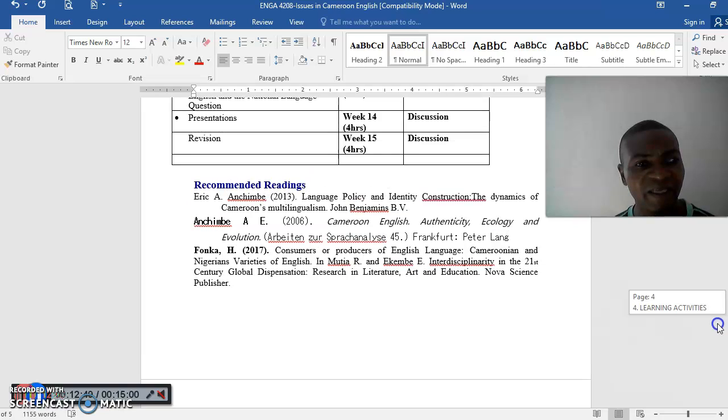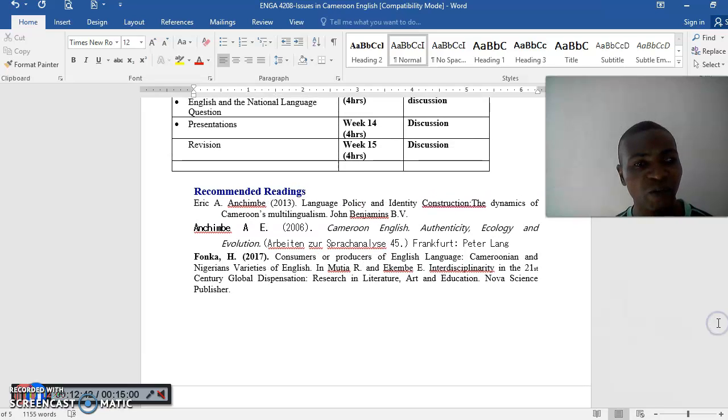Then you have the recommended reading. So you have this document, Achembe, Language Policy and Identity Construction, the Dynamics of Cameroon's Multilingualism. You need to read that. You also need to read Cameroon English: Authenticity, Ecology and Evolution.